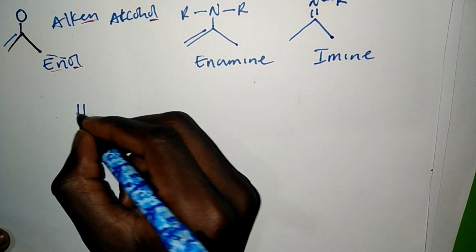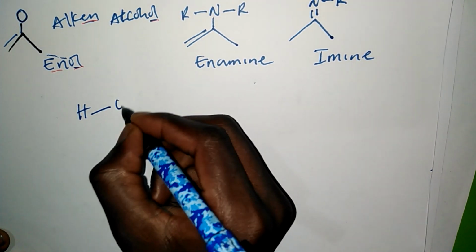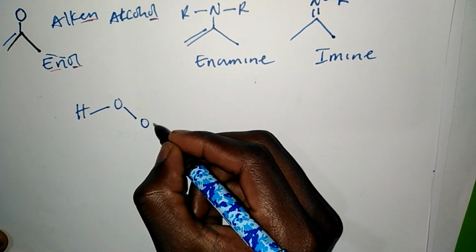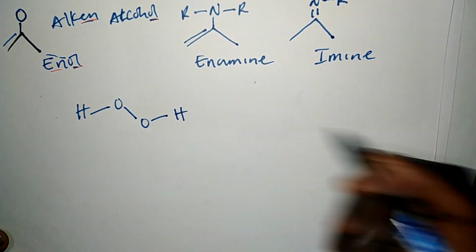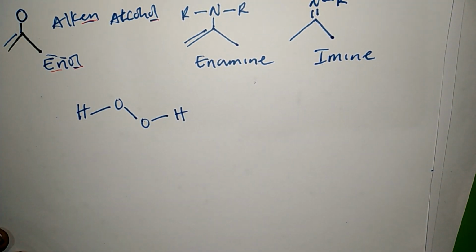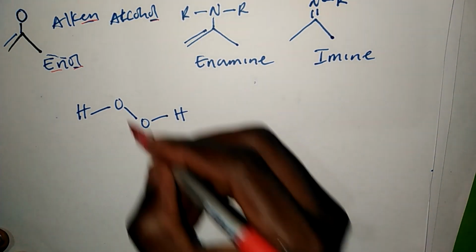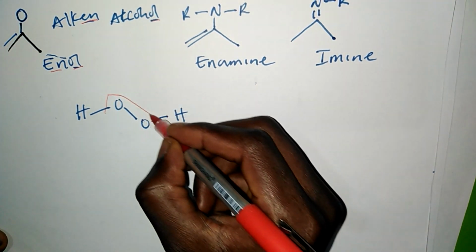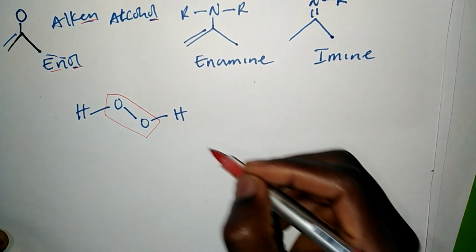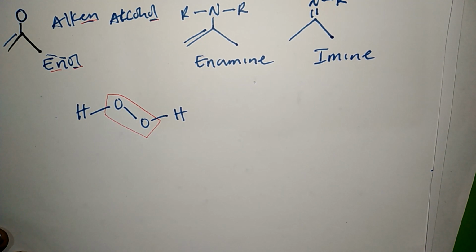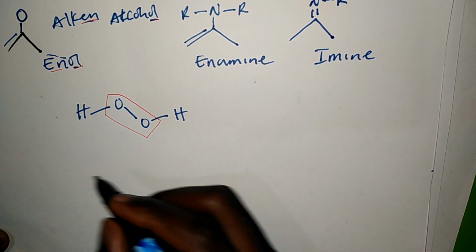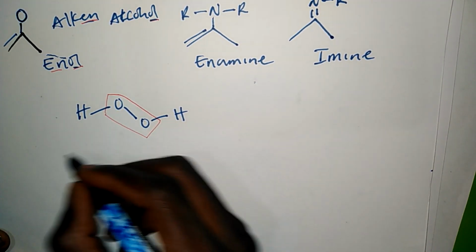Now, have you ever seen something like this? Hydrogen bonded to oxygen, and then to another oxygen and another hydrogen. Whenever you see an oxygen bonded to another oxygen, like the way you see it here, it's referred to as peroxide.